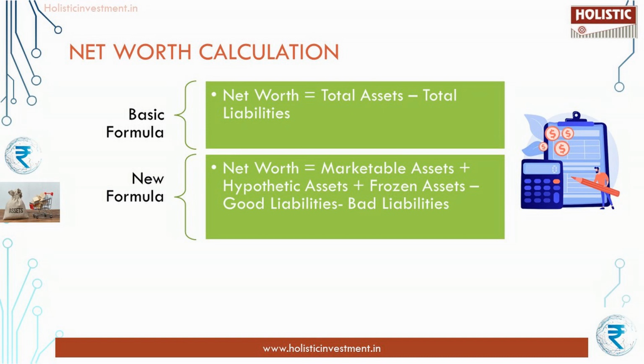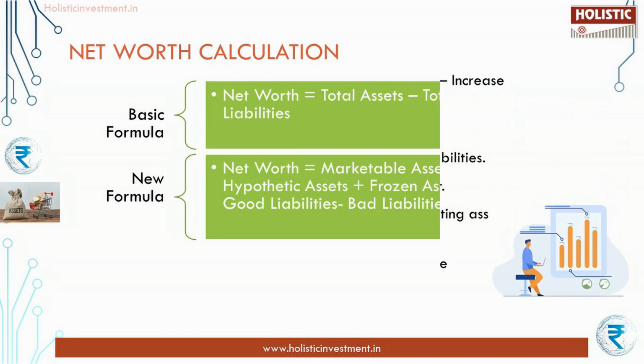So here the net worth is equal to marketable assets plus hypothetical assets plus frozen assets minus good liabilities minus bad liabilities. Using this formula, you obtain the same result as the previous method, but with an asset and liability specific breakdown to analyze liquid and illiquid assets and good and bad liabilities.